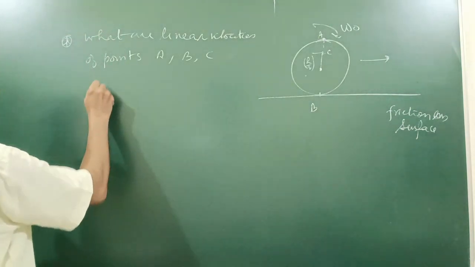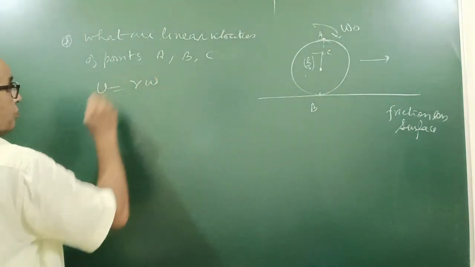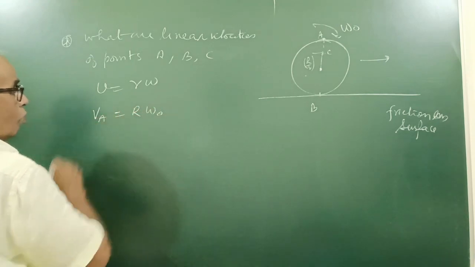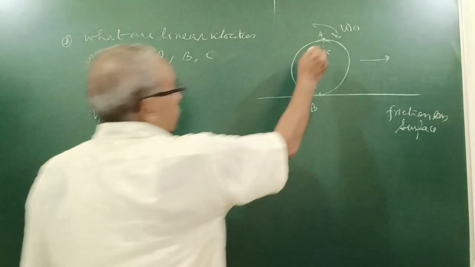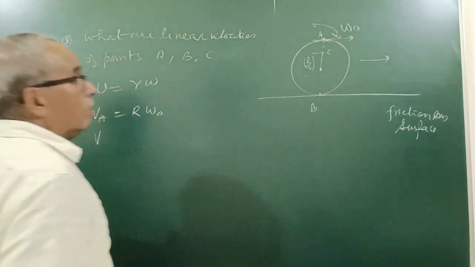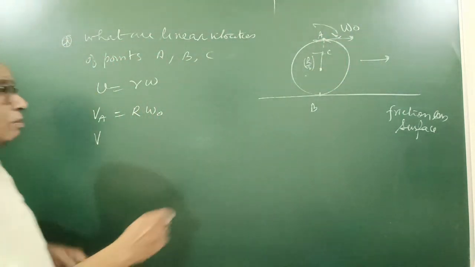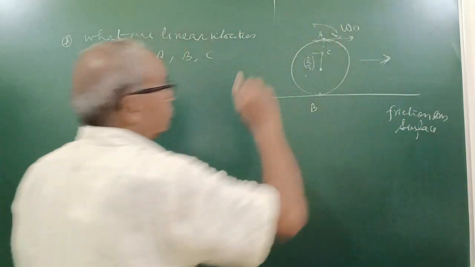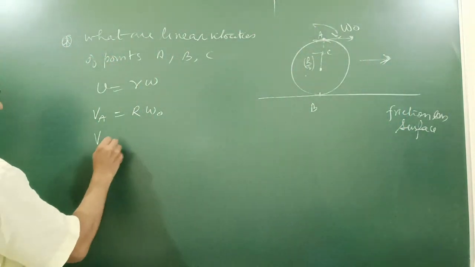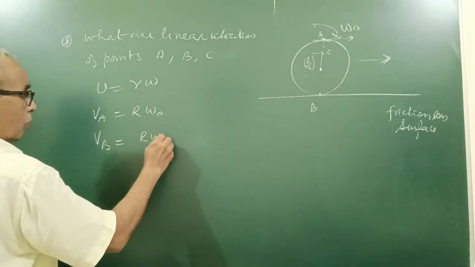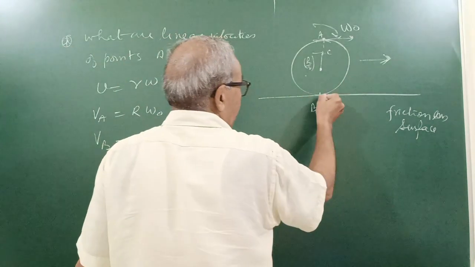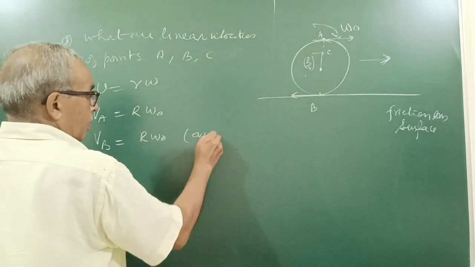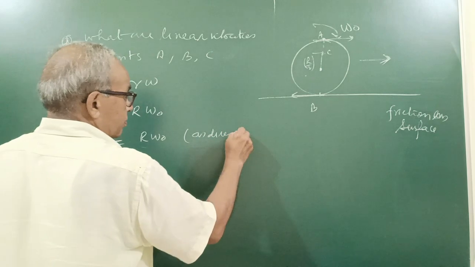From the relation V equals R omega, VA equals R into omega, in the direction of the arrow marked in the figure. VB is again R omega, but opposite to this direction, as directed in the figure.